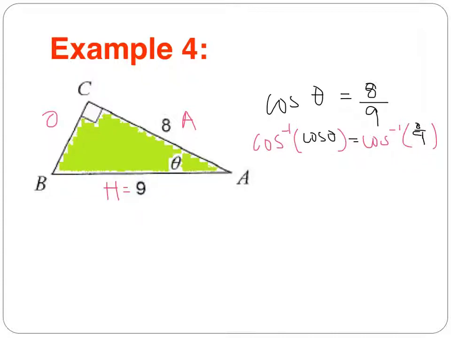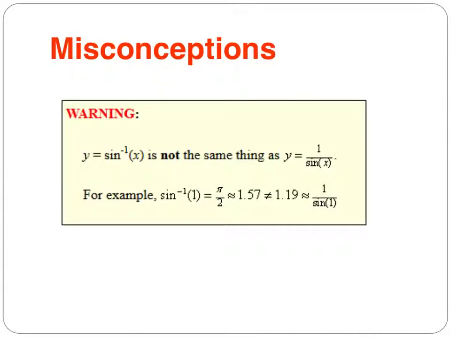Okay, notice that these undo each other, so you're left with theta equals the cosine inverse of 8 over 9, which can also be plugged into your calculator. I hope that these examples will help you.